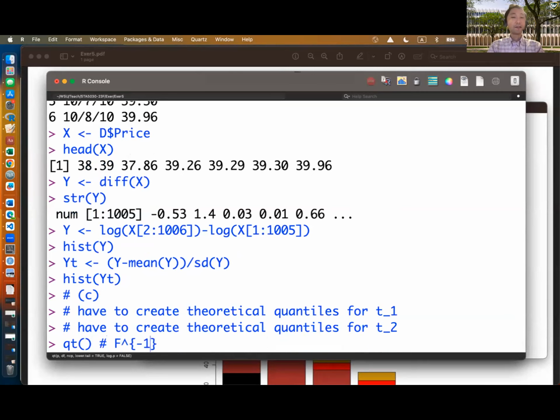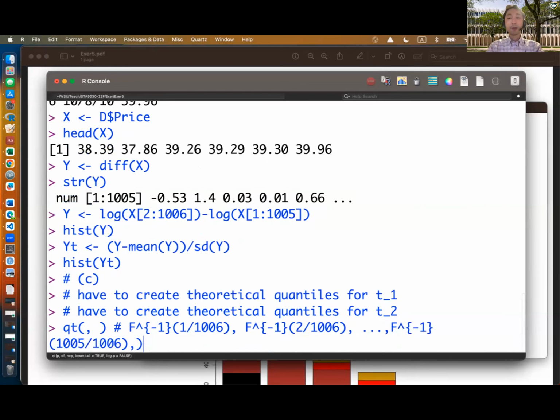F is the probability function, and qt is the inverse of the probability function. We have 1005 observations, so we have to put 1 over 1006, 2 over 1006, and so on, up to 1005 over 1006.